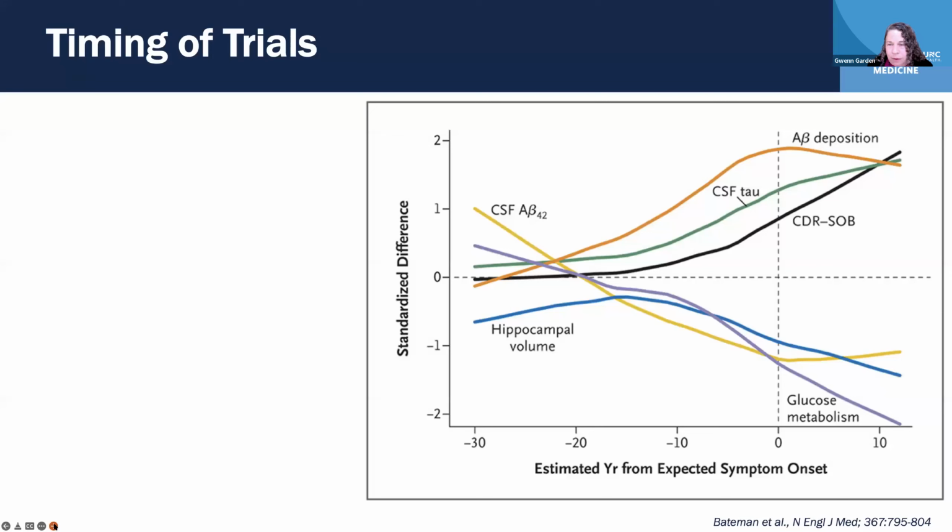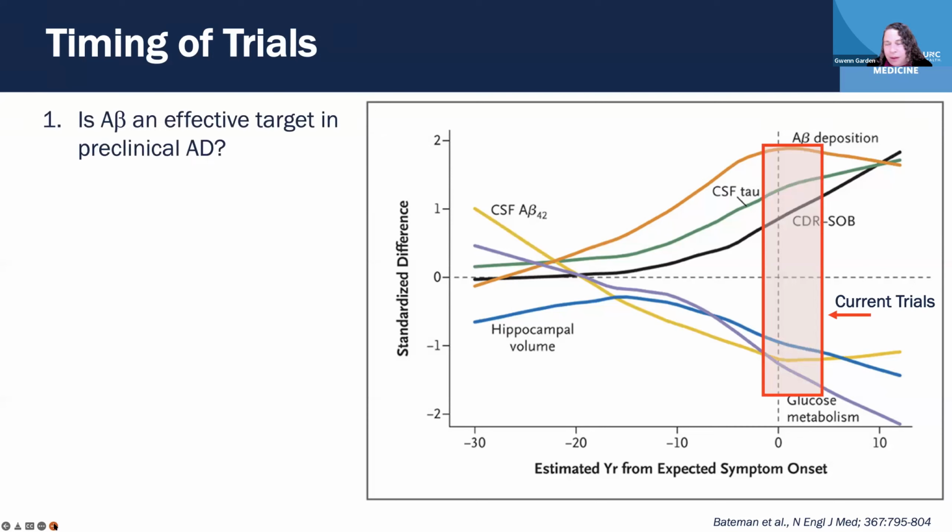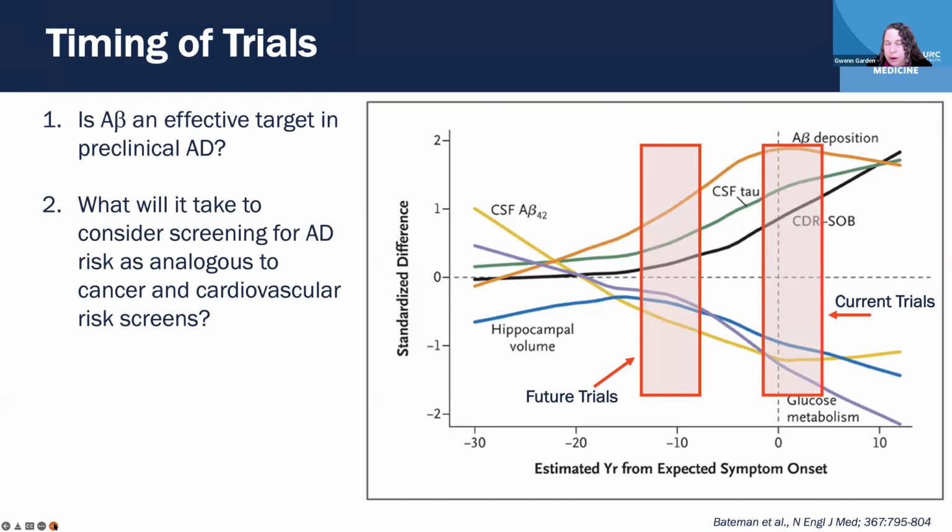So just to illustrate this idea, the changing of the timing of trials: what we currently have are many trials done at this later stage, when people are already early symptomatic with Alzheimer's disease or with minimal cognitive impairment. But it's possible that we may find that these A beta targets are effective if we can use our biomarkers and enroll pre-symptomatic individuals in these trials.